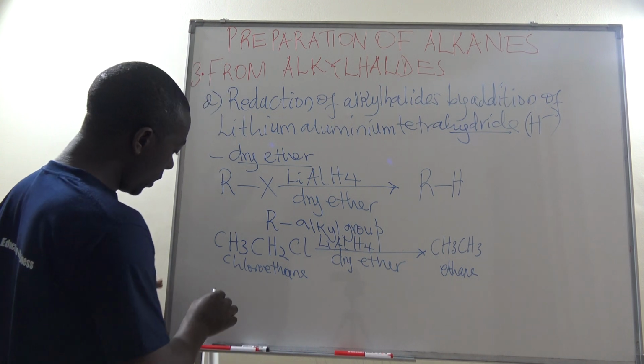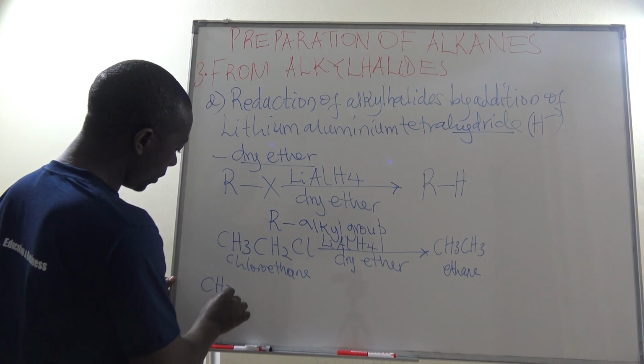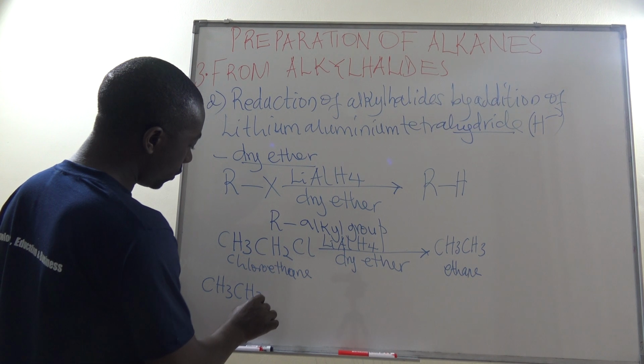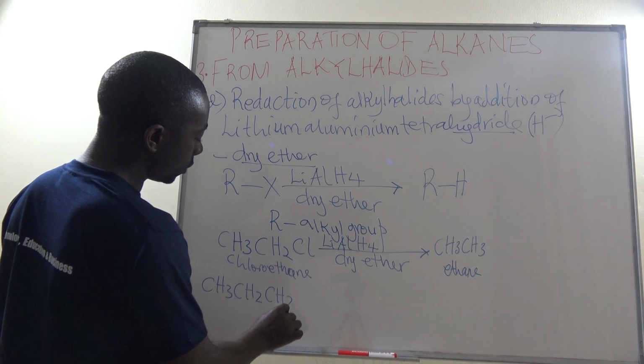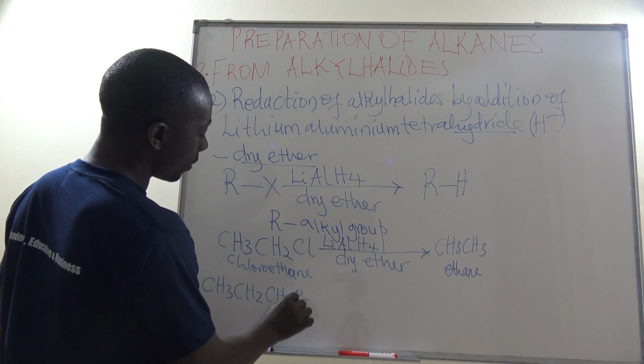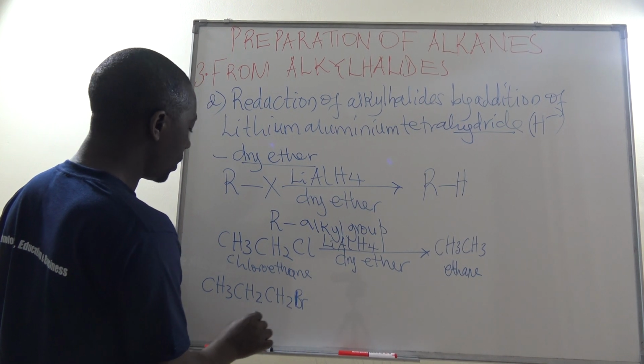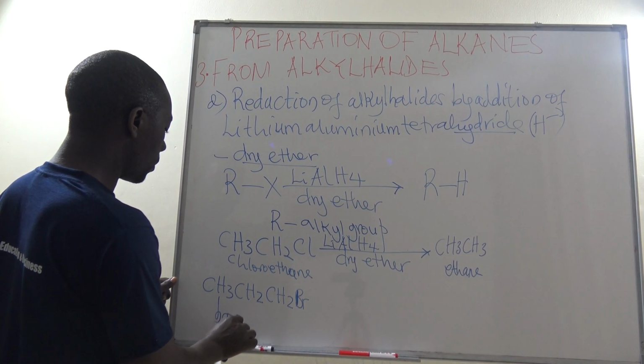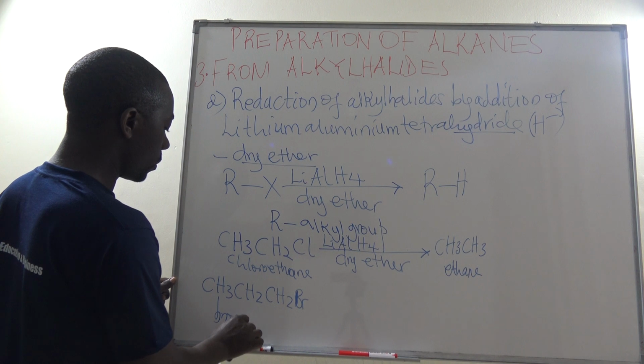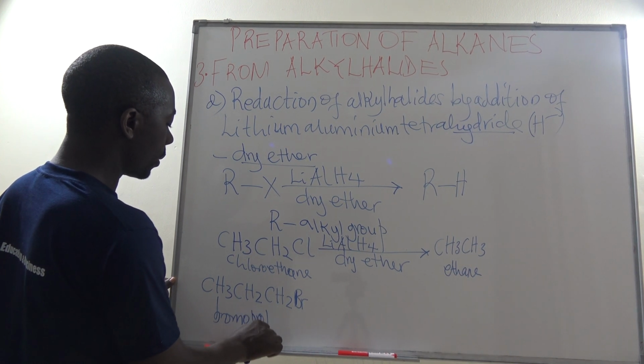Another example could be if we react CH3CH2CH2Br. This is an alkyl halide called bromopropane.